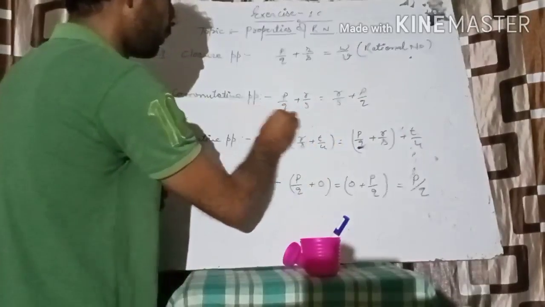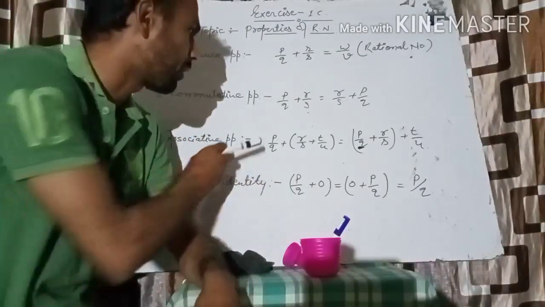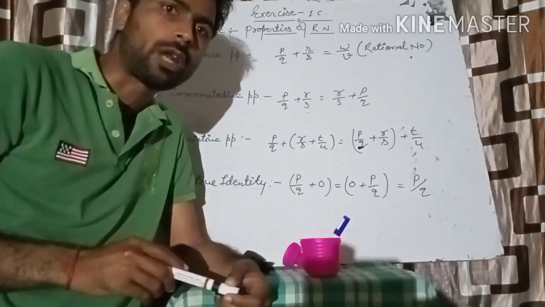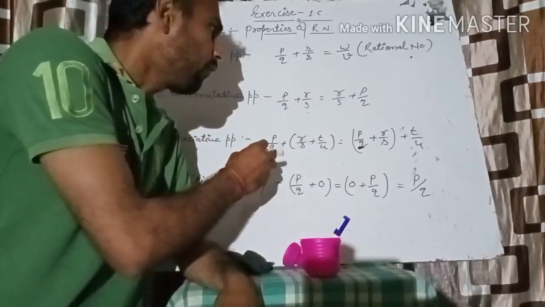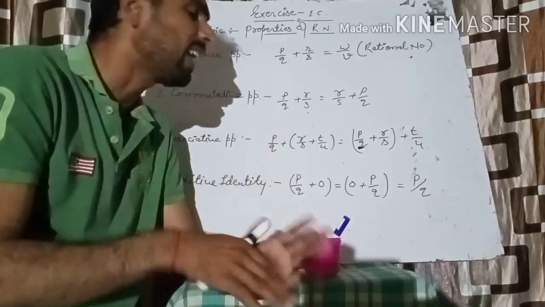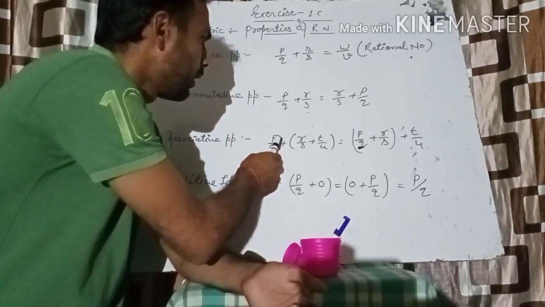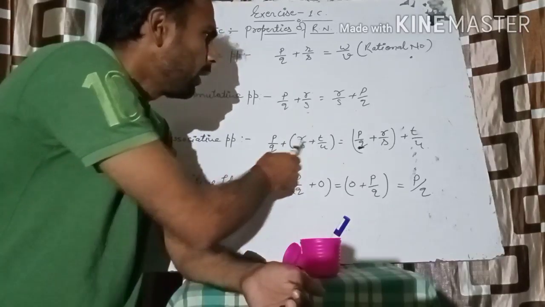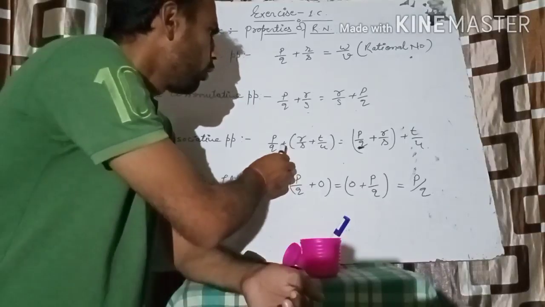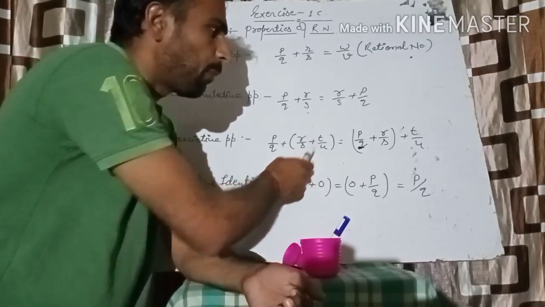your associative property. According to this property, if there are three rational numbers, suppose p upon q, r upon s and t upon u, and we have to rearrange them in this way. Suppose we take p upon q plus the bracket r upon s plus t upon u.